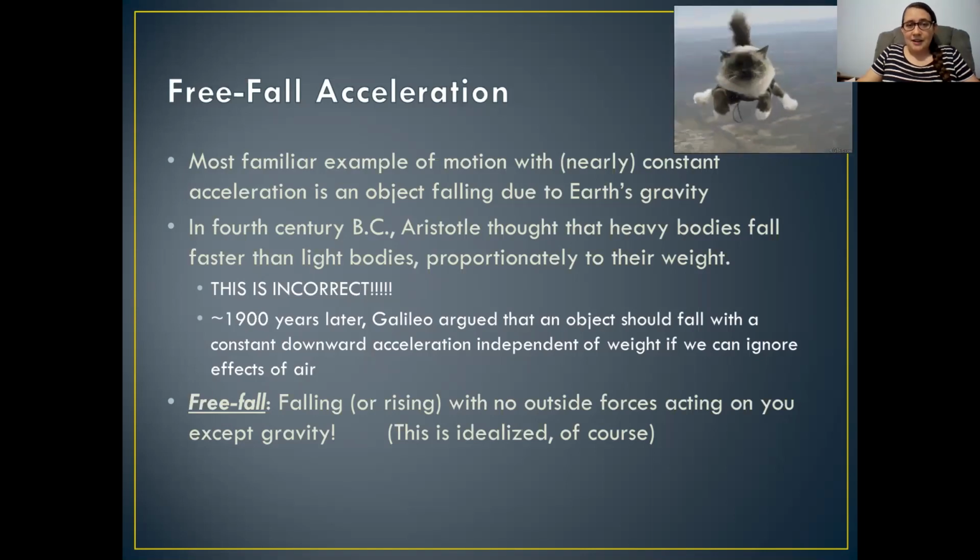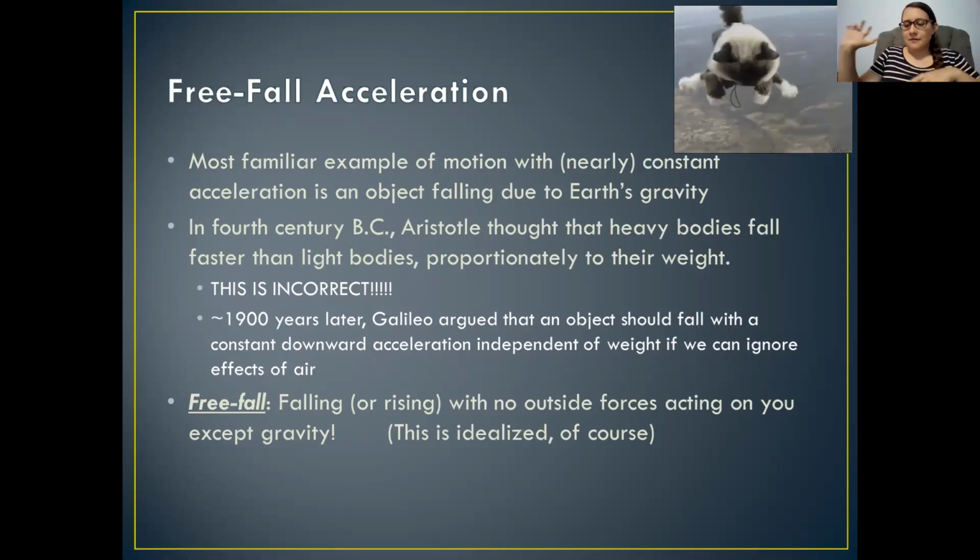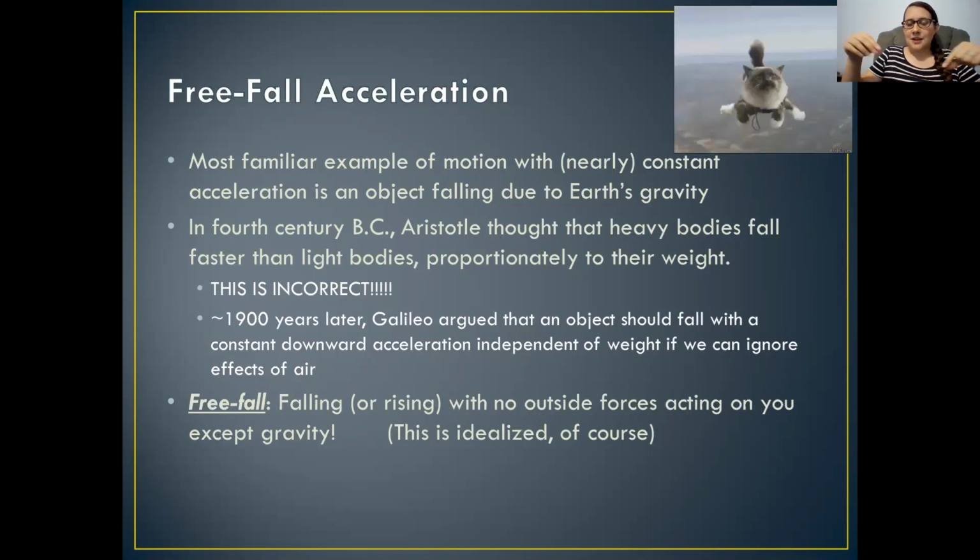1900 years later, Galileo argued that an object should fall with a constant downward acceleration regardless of the weight if we're ignoring air resistance. And so NASA astronauts, when they went to the moon, actually did the famous feather and hammer experiment. Because if you think about the environment on the moon, there's no air, so to speak.